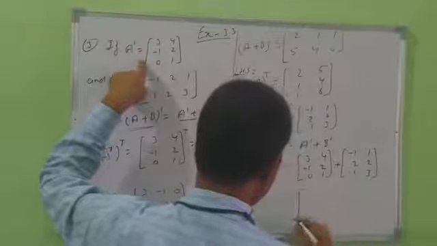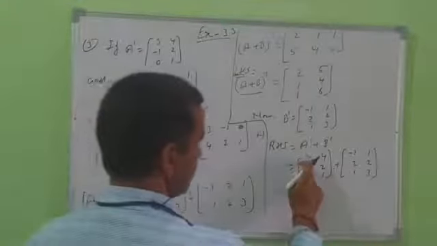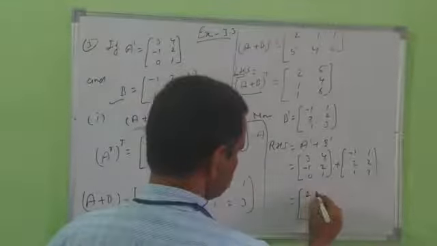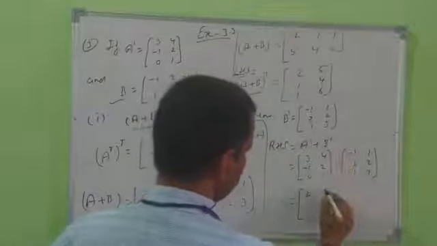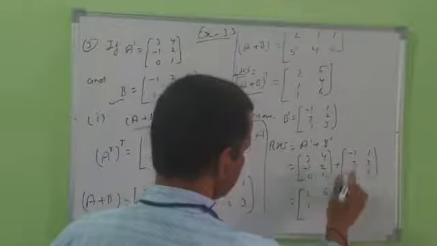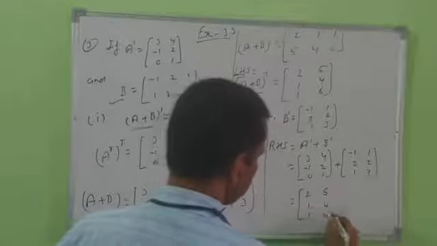Then you will get here 3 minus 1, how much? 2. Minus 2 plus 2, 4 plus 1 is 5, 1, 2 plus 2, 0 plus 1 is 1, and 3 plus 4.